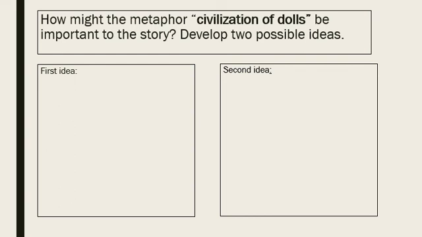It's a group of people living in an organized society. And then compare that to how the Jews are being played with. Dolls don't get to tell you what they want to do. You do what you want with them. So compare that to the Jews. Maybe that will guide your thinking.